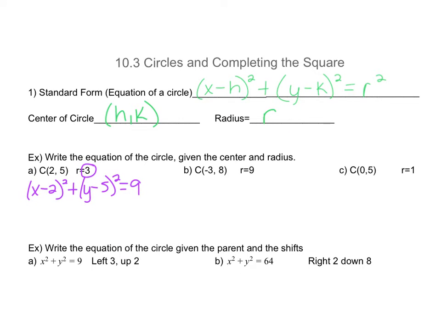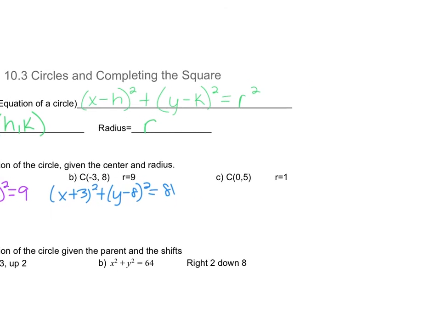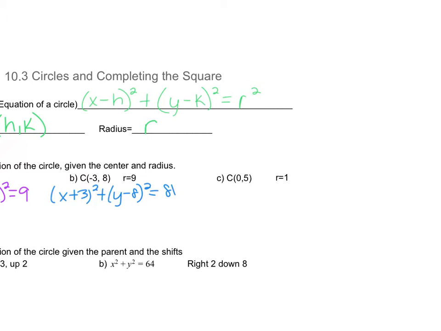Okay, this next one will be (x - (-3))^2, or plus 3 squared, plus (y - 8)^2 equals, what is it going to equal? 81. And then the last one will be x minus 0.